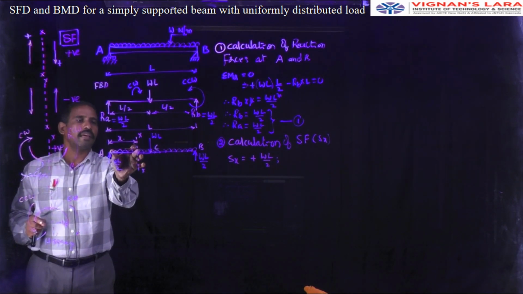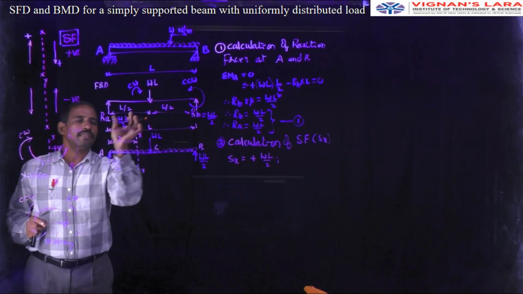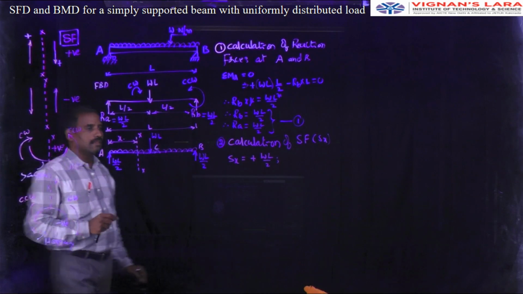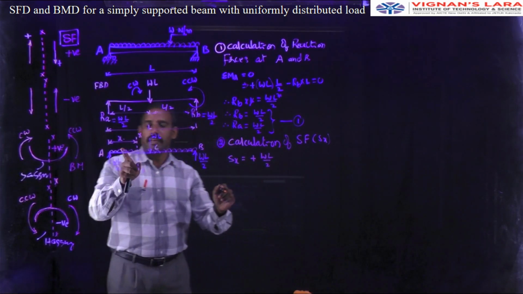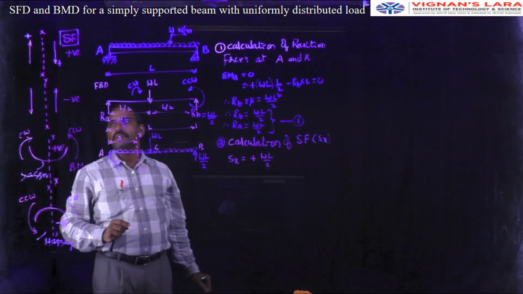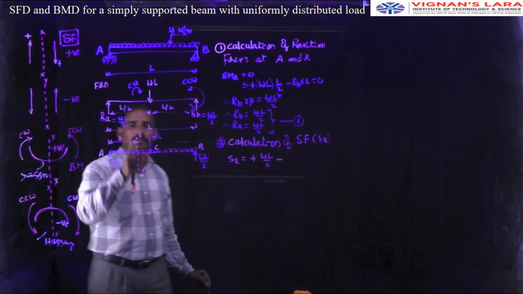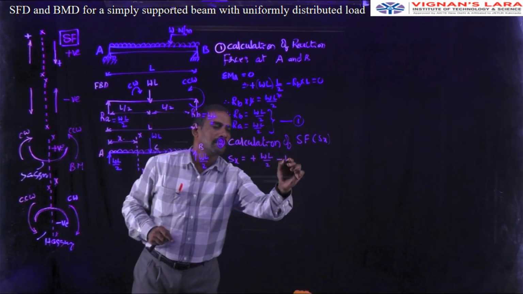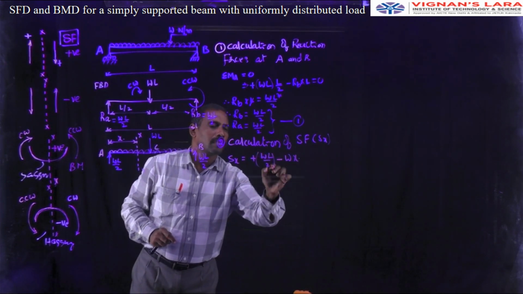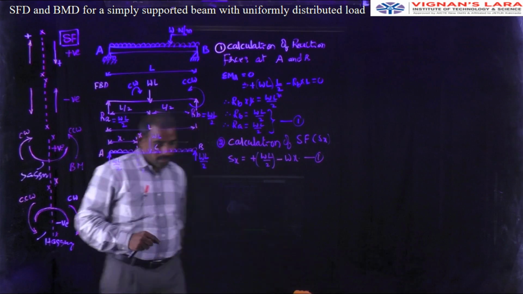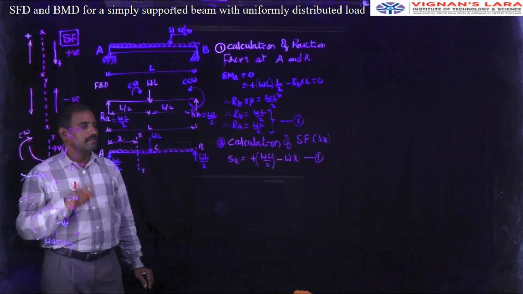The intensity of load is W, the total load is Wx, that is minus, because it is left to the section downward, and left to the section downward is negative. What about that value? W into x. So this is the shear force equation number 1: WL by 2 minus Wx.